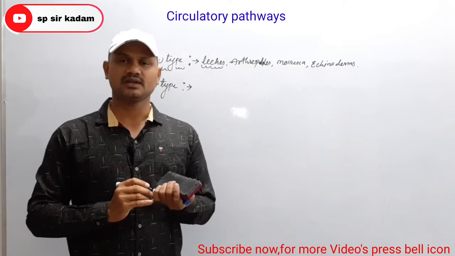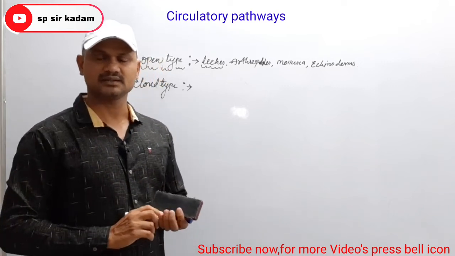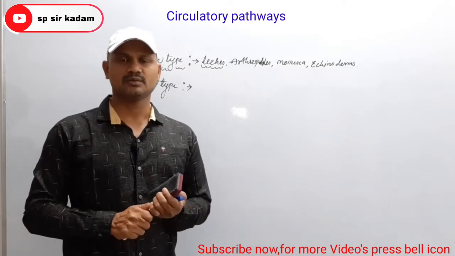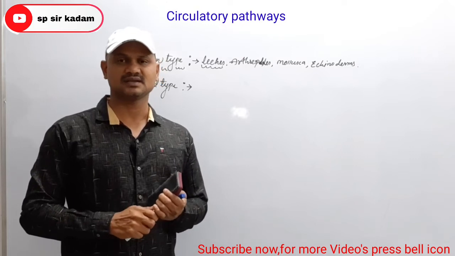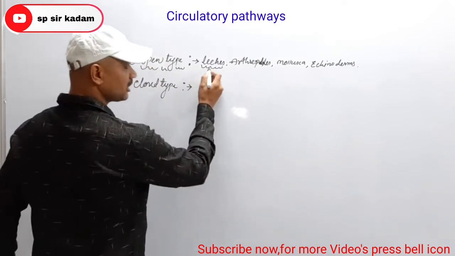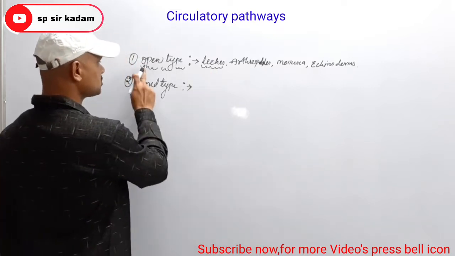Phylum Annelida is classified into three classes. What are the three classes? Polychaeta, Oligochaeta and Hirudinaria. In Polychaeta and Oligochaeta class animals, circulation is closed type, but leeches belong to class Hirudinaria, so in these animals circulation is open type.